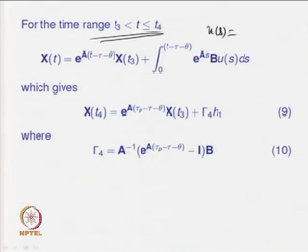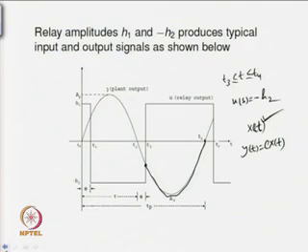The output for that time range can be obtained with the input u(s) equal to, sorry, for this time range the input is plus h1. So this is not h2, this is plus h1, as you see, when the output is starting from time t equal to t3, during that the input to the system remains plus h1.